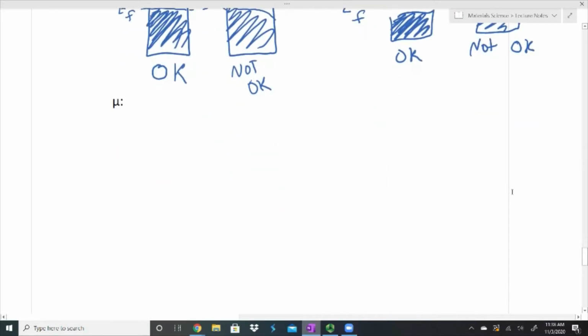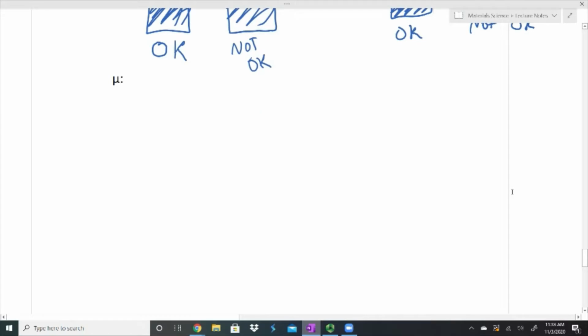The other thing that is dependent on temperature is my mobility. My electrons are going to scatter. And what are they going to scatter with? What are they going to run into? And by scatter, that's what I mean. They're going to collide with certain things. They're going to collide with one of two things. Number one, they're going to collide with other carriers.